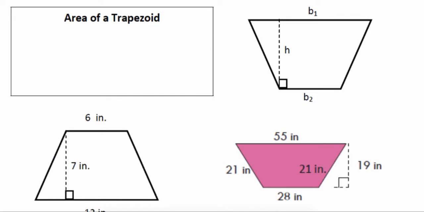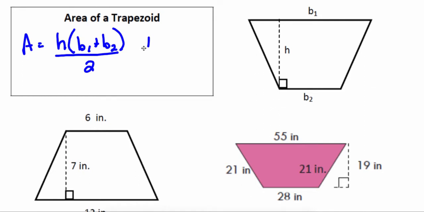And then our lovely trapezoids. Remember, a trapezoid has one set of parallel sides, but they're different lengths, so we have to call them base 1 and base 2. To find our area, we're going to add together base 1 plus base 2, multiply times the height, and then divide it by 2.